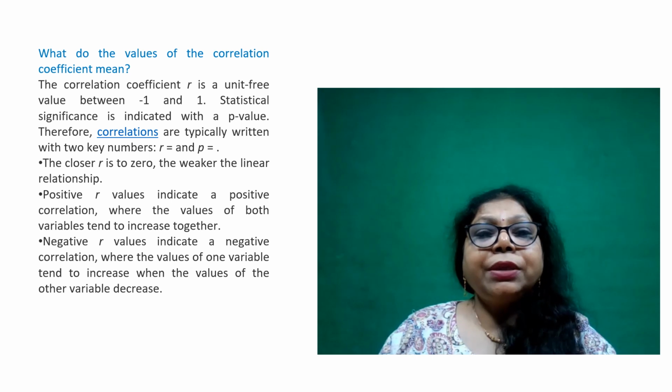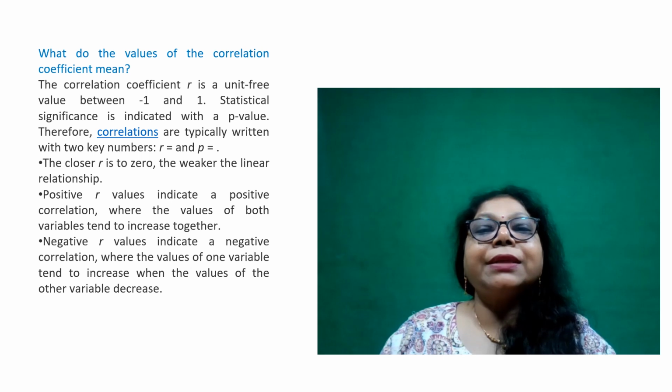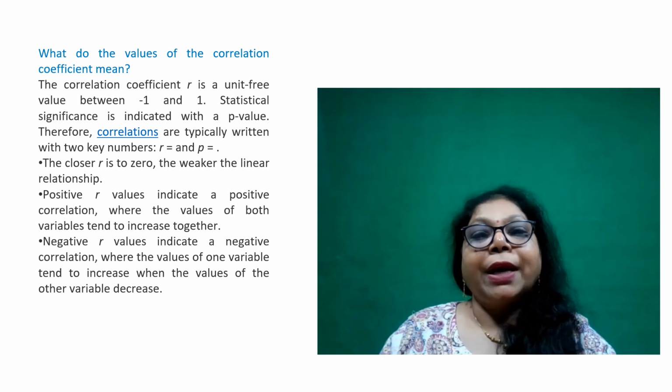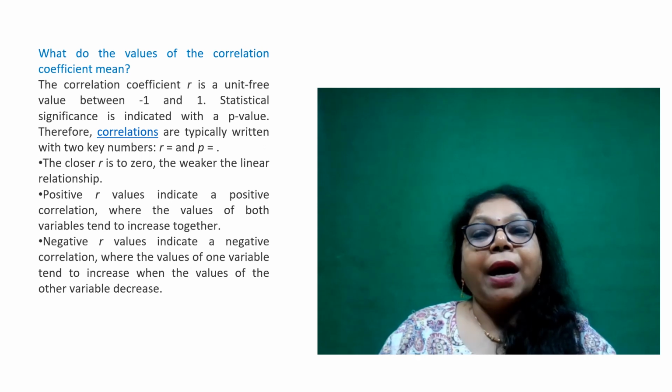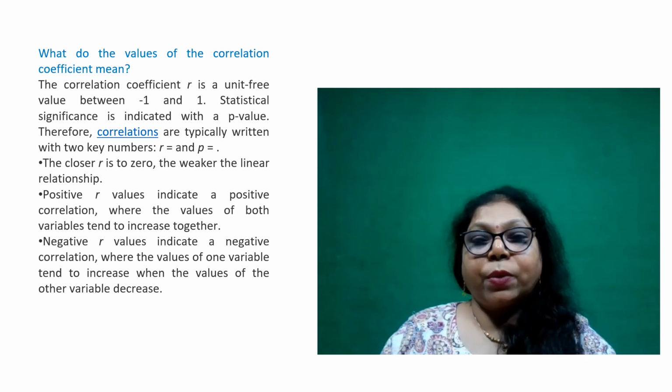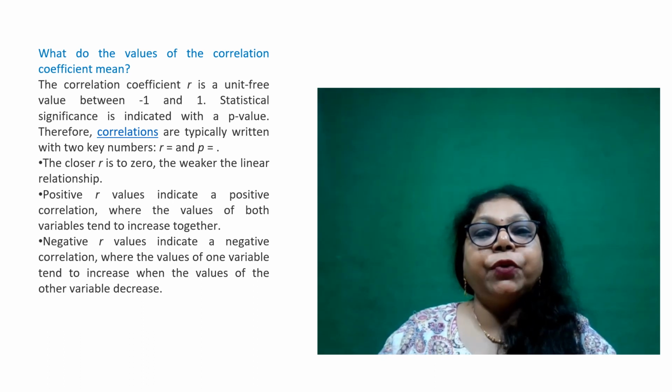Another question that comes to our mind is, what do the values of the correlation coefficient mean? What does the R mean? The correlation coefficient R is a unit-free value, as I have already told you in my previous slides, and the value lies between -1 and +1. The statistical significance is indicated with a p-value.